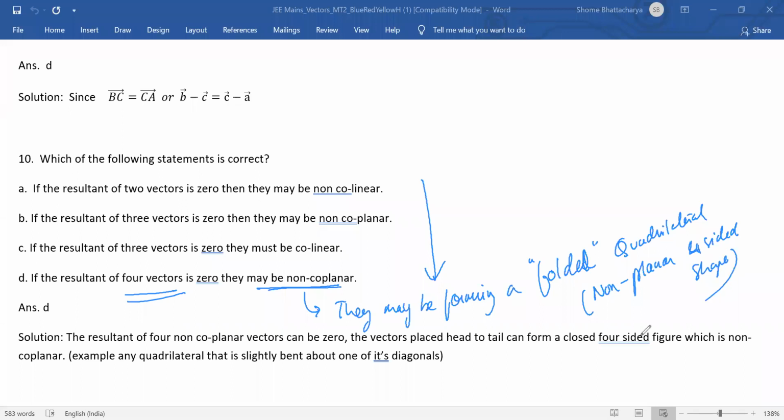Okay, so that's why they may be coplanar, non-coplanar. So the same explanation I've given in the solution also. Okay, so this is clear, I hope.